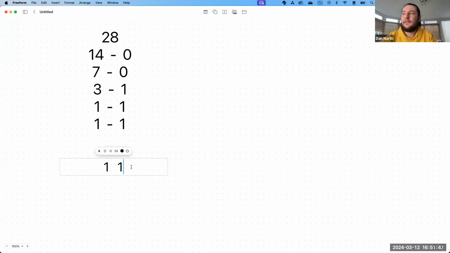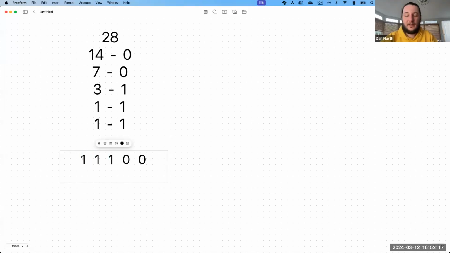It doesn't like tabbing for some reason. 11100. Which if we think of that in terms of columns, well done for getting them. So in terms of columns, I'll try and make that a bit clearer.